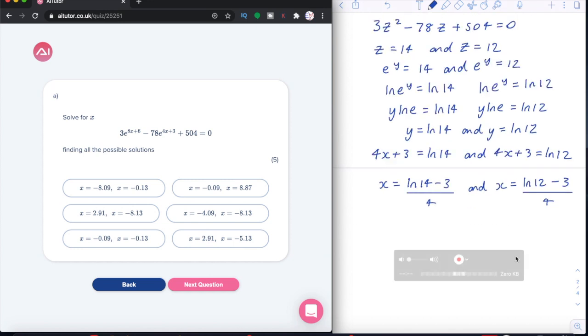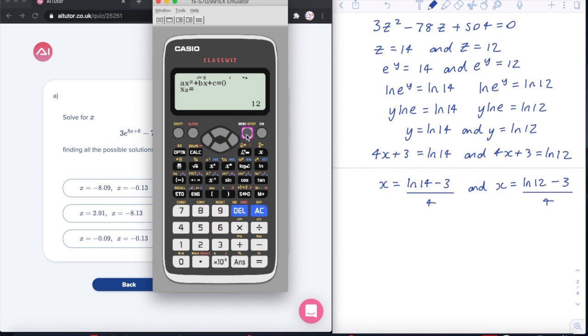And we can just work these out on our calculator. So we go to menu, select option 1, press the fraction key. We're going to get the natural log of 14 minus 3 all divided by 4. As you can see here, we want our first answer to 2 decimal places. So that's going to give us x equals minus 0.09, 2 decimal places.